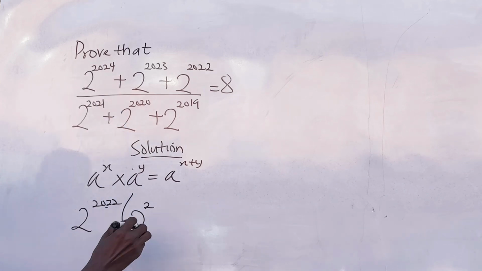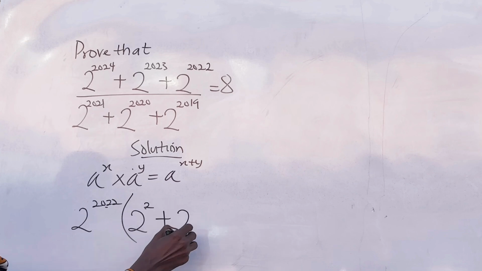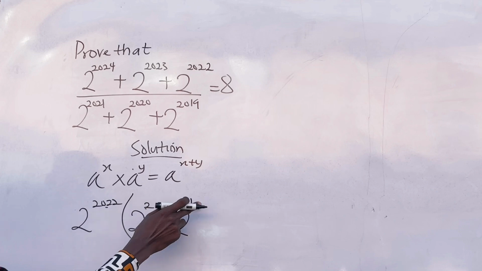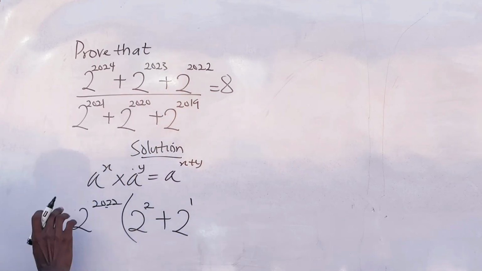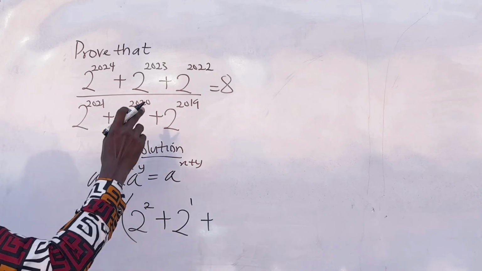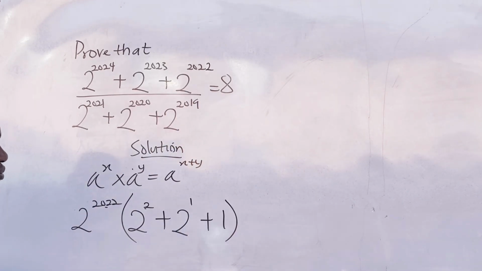So this is clear. Plus, in this case, we have 2 raised to the power 1, because if we multiply these two, 2022 plus 1, that's 2023, to give us this middle term. Plus, this and this exactly the same. So the answer is 1.